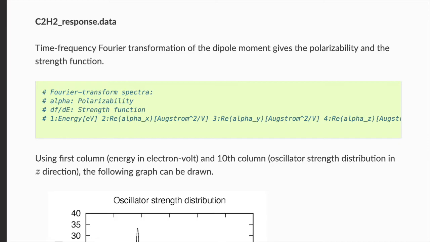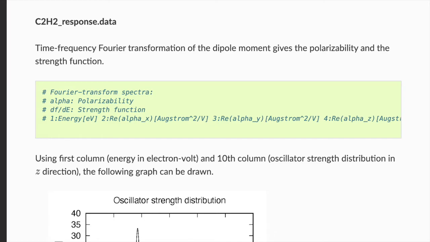Next, let us consider C2H2 underscore response dot data. This file contains information regarding the time and frequency after the Fourier transformation. The first column contains energy in units of electron volts obtained by multiplying frequency by Planck's constant.